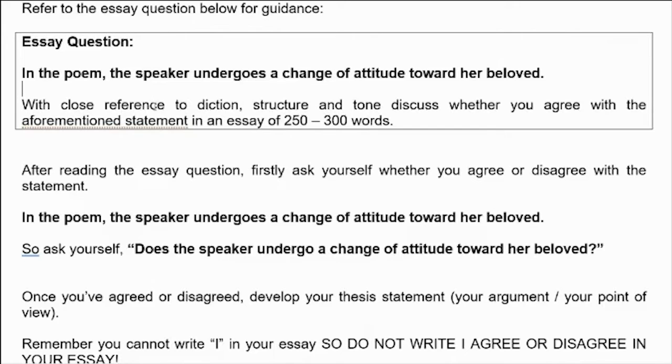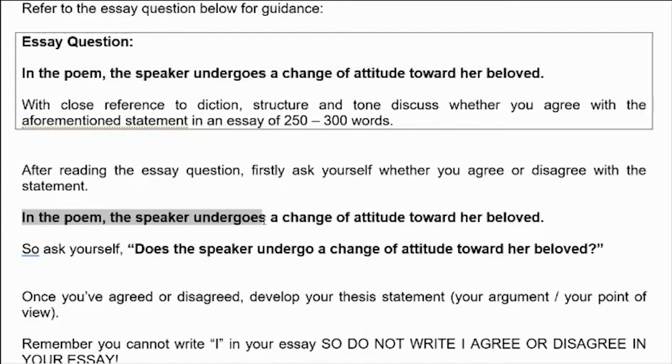How do you do that? You need to refer to diction, structure, and tone. The argument that you need to make, you must discuss whether you agree with this statement. So, what do you ask yourself? After reading the essay question, firstly ask yourself whether you agree or disagree with the statement.